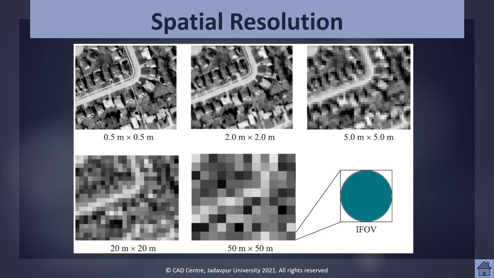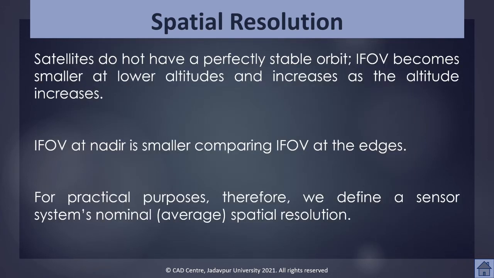If the IFOV for all pixels of a scanner stays constant, then the ground area represented by a pixel at nadir will have a higher spatial resolution than those pixels which are off nadir. This means that spatial resolution will vary from the image center to the swath edges.